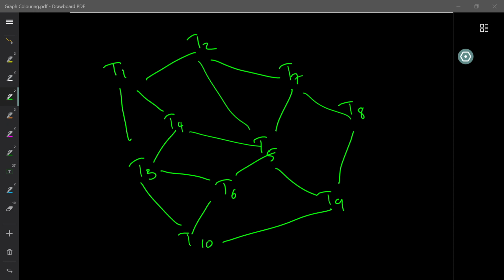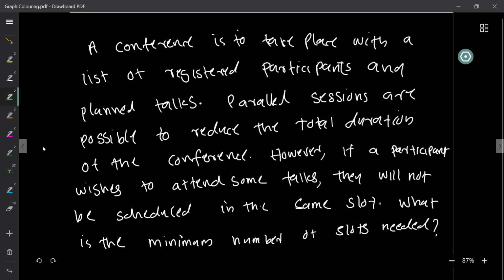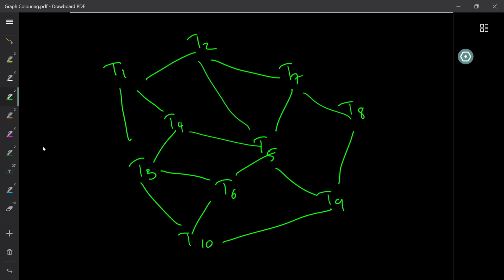So where were we? Yeah. So the question is, how do you frame this in terms of our graph question? So we are going to form a graph where the talks will be the vertices of the graph, right? And then there is an edge connecting two talks, or two vertices, if some participant wants to attend both of these talks.